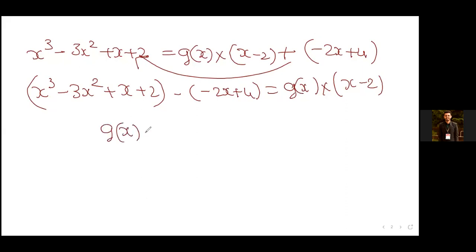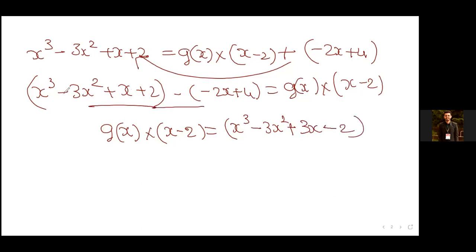Then g of x into x minus 2 will be equal to x cube minus 3x square plus x plus 2, plus 2x, minus 4.